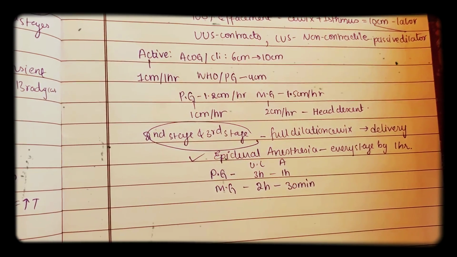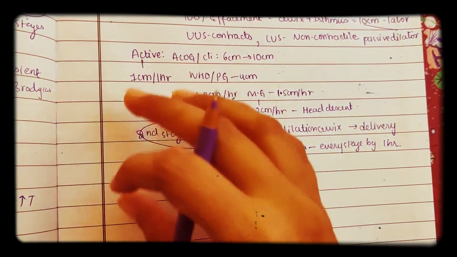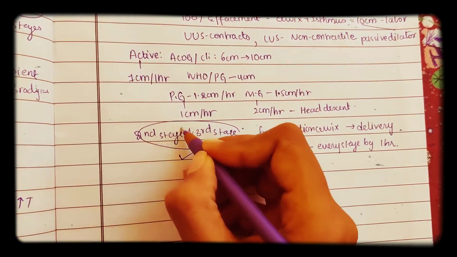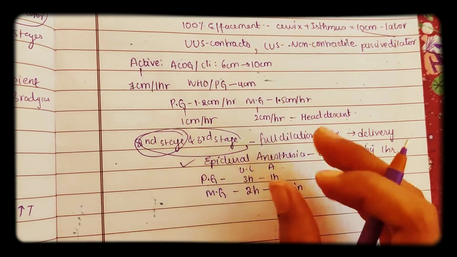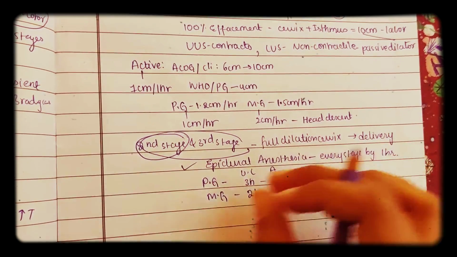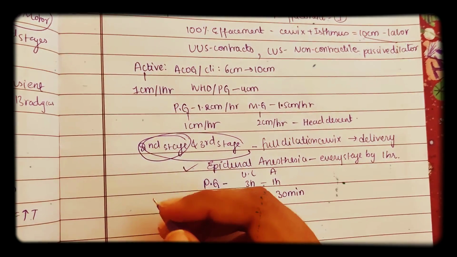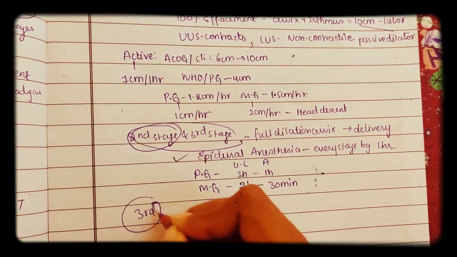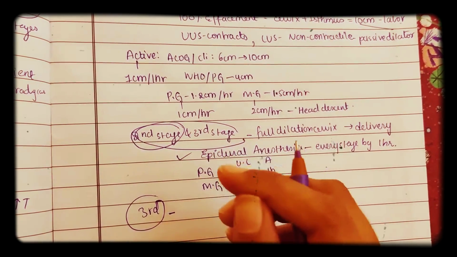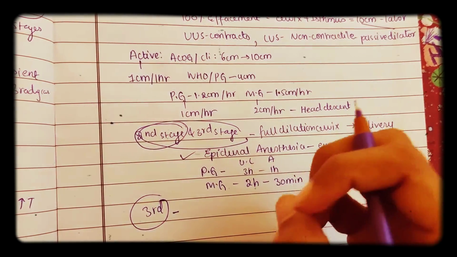So coming to third stage of labor. Just now whatever I have discussed is all about the second stage. In second stage, there is full dilatation of cervix, and if you give epidural anesthesia, every stage will be prolonged by 1 hour. Now coming to third stage of labor. Third stage of labor begins with the delivery of the baby and ends with the delivery of placenta.